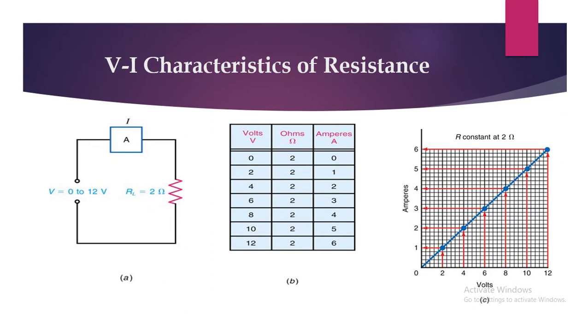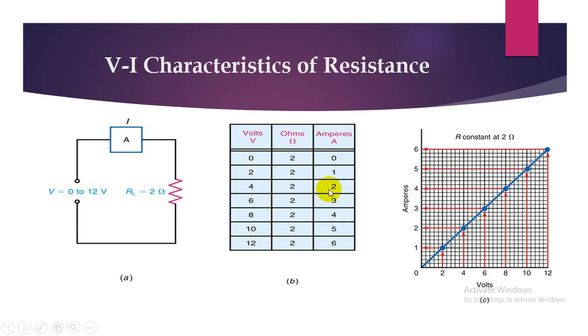VI characteristics of resistance. When we apply a DC voltage to the resistance, we say that the resistance is a constant. We are taking 2 ohm and applying voltage from 0 to 12 volt, and we are keeping one ammeter here to measure how much current is flowing through the circuit.